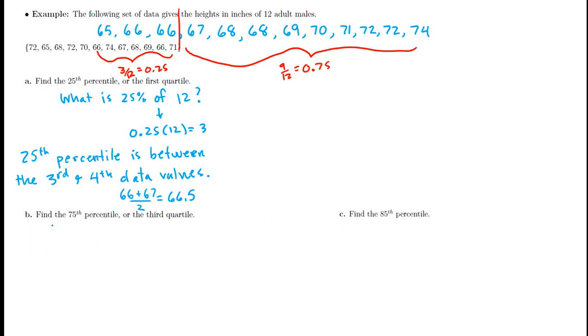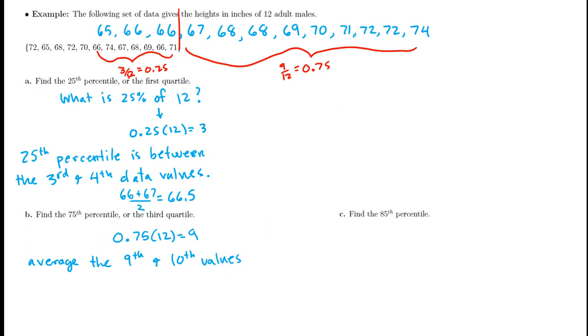All right, 75th percentile, right? So we want to know what is 75% of 12. 0.75 times 12 is equal to 9. So we want to average the 9th and 10th values.